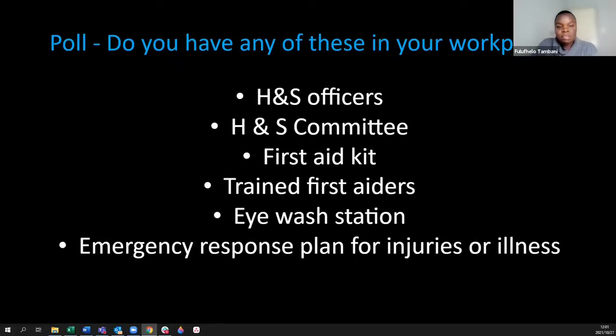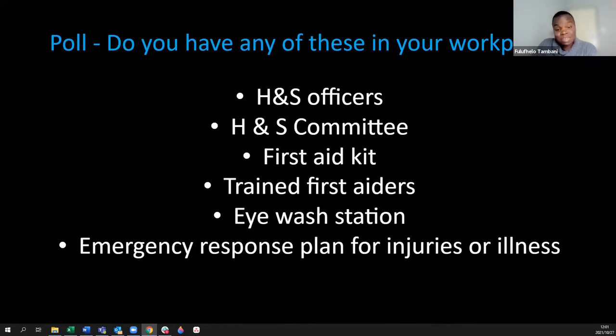So 84% of people have health and safety officers, and 90% have a first aid kit. 72% have a health and safety committee. That's good. 72% have trained first aiders. That's great.